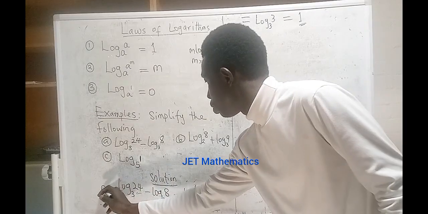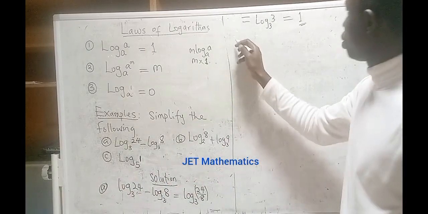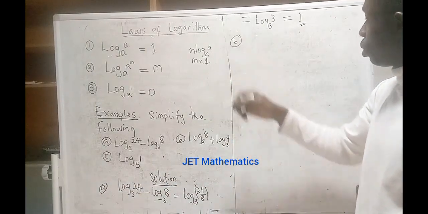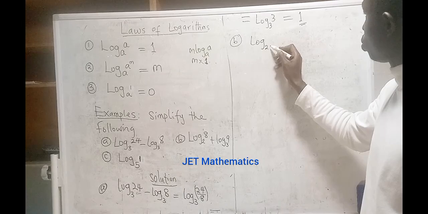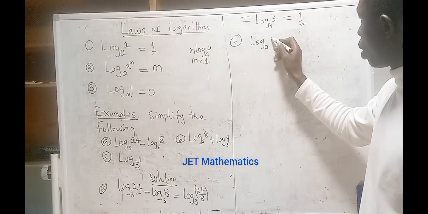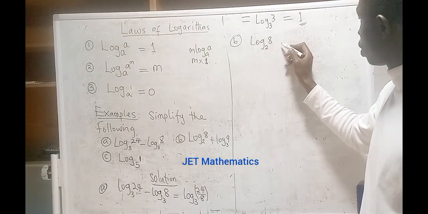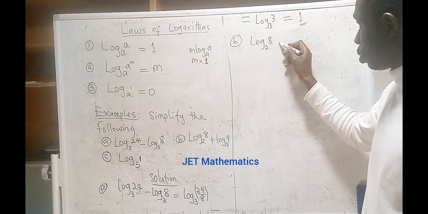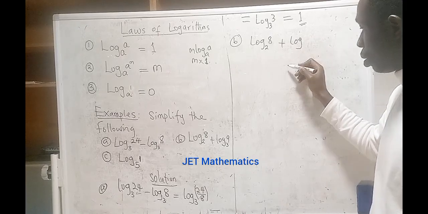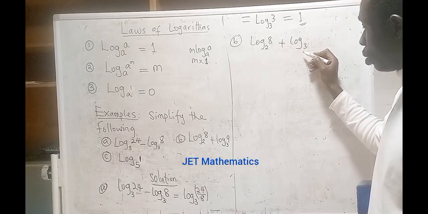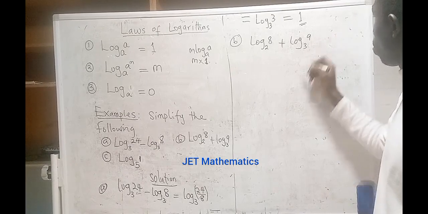Now let's see the second question. This is B. We have log 2 to the power of 8 plus log 3 to the power of 9.